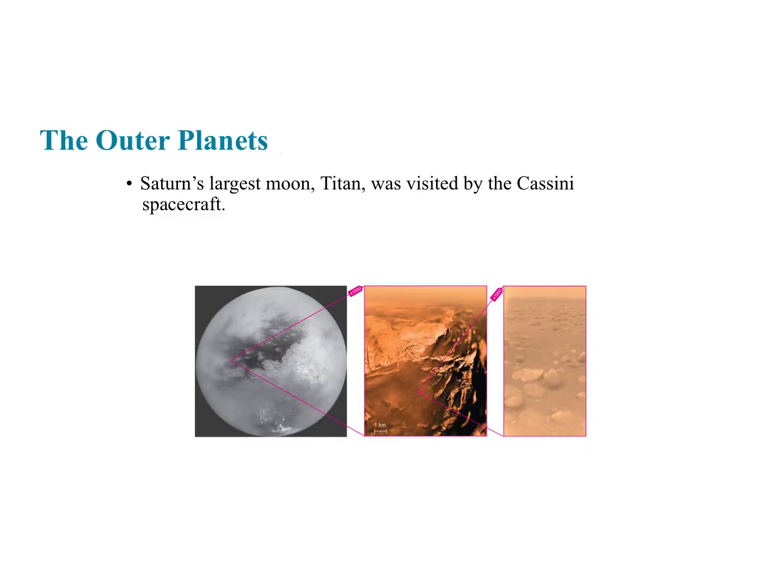When we actually went there, we landed a probe on the surface of Titan, and we found very Earth-like features. Look at these boulders here. Look how smooth they are. That suggests that there's erosion. And what we actually found was that there's liquid on the surface and rain.